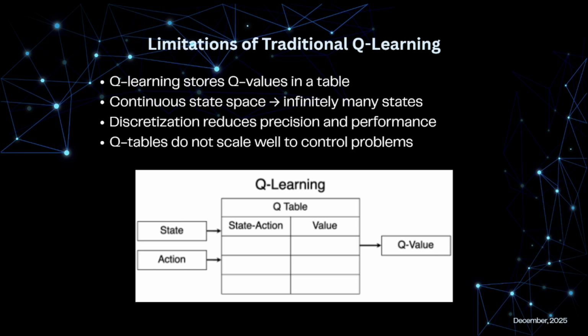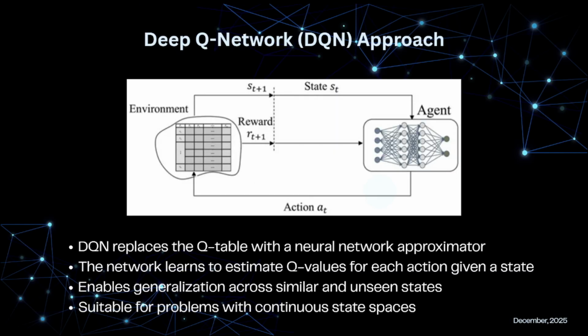This makes it impractical to use a Q-table. Although discretization is possible, it reduces precision and learning efficiency, which motivates the use of deep learning approaches.